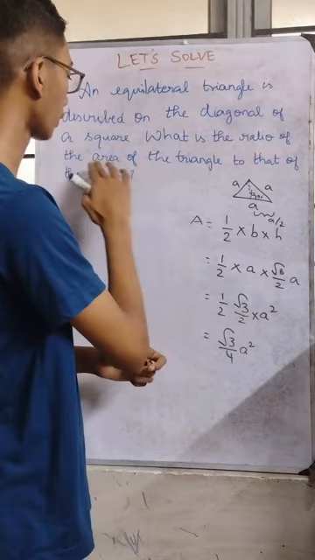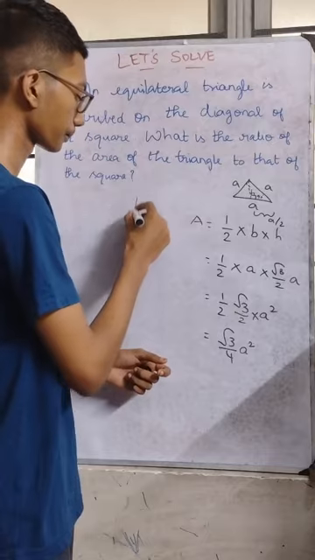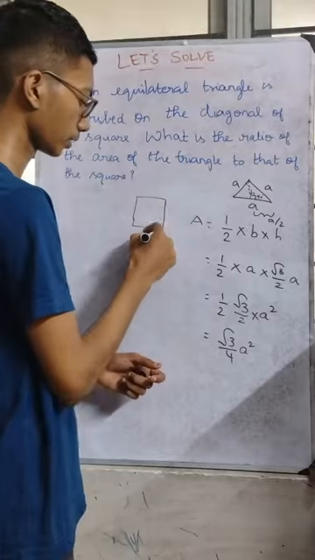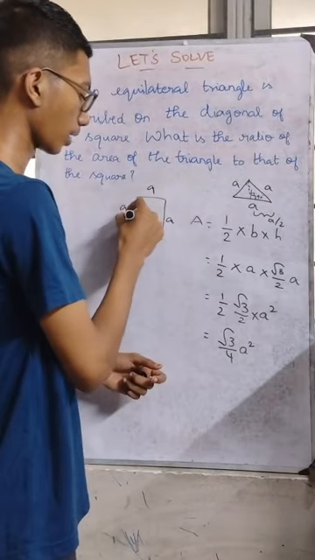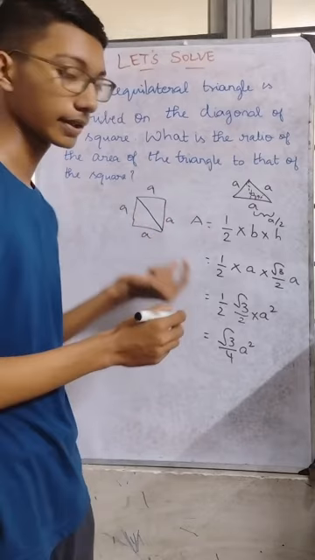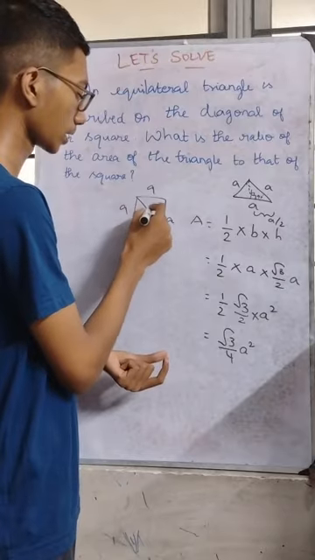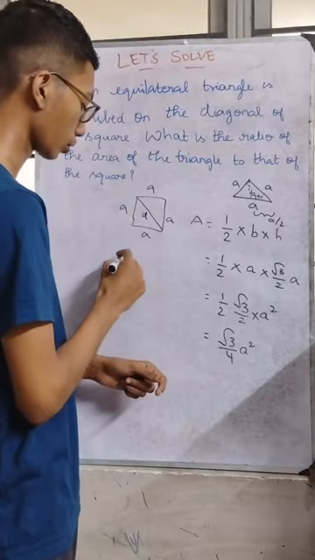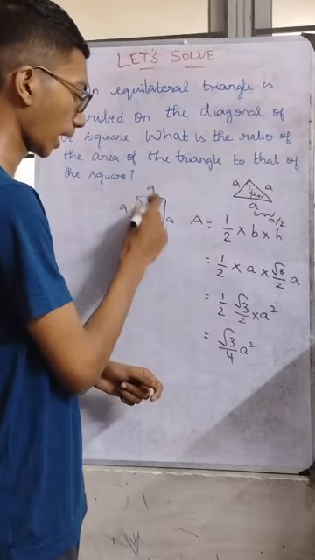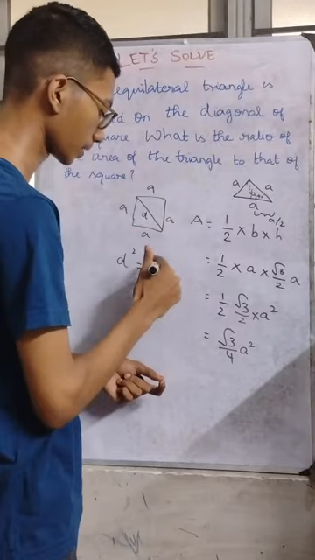Now the ratio of the area of the triangle to that of the square. First, let's take that square. All of its sides have length A. What will be the length of its diagonal? Again, we will use Pythagoras theorem. Let's take the diagonal as D. From Pythagoras theorem, hypotenuse square, which is D square, equals A square plus A square.